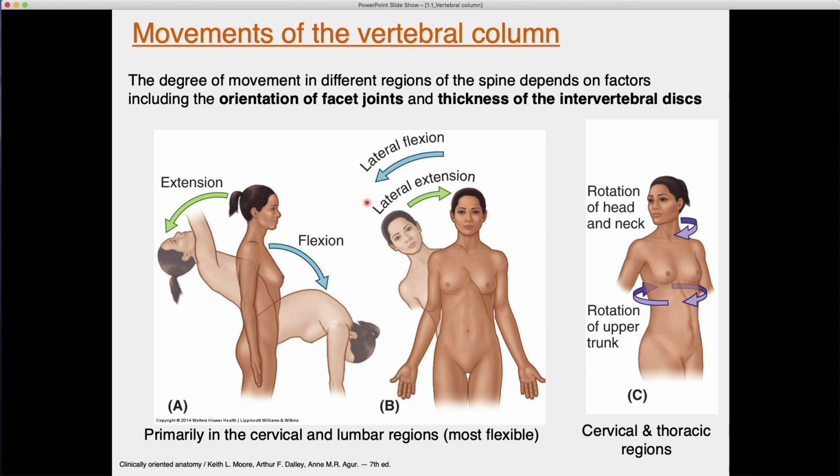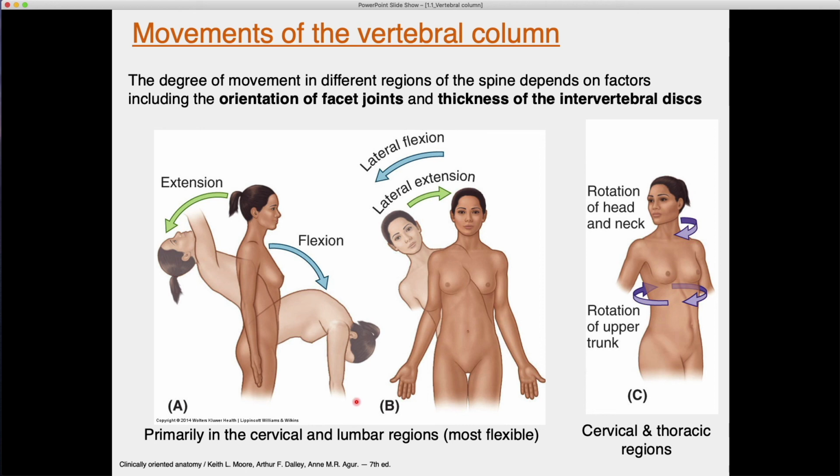These movements primarily occur in the cervical and lumbar regions, which are the most flexible. And again, this relates to the orientation of those facet or zygapophyseal joints. It also relates to the thickness of the intervertebral discs at that particular region.